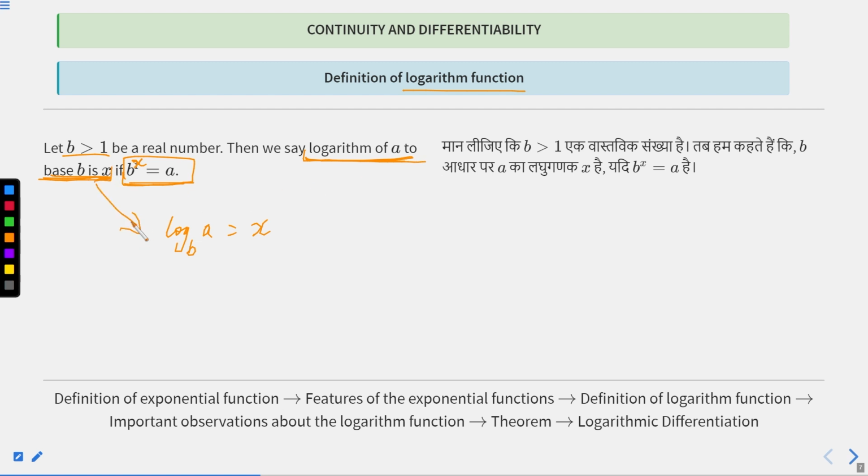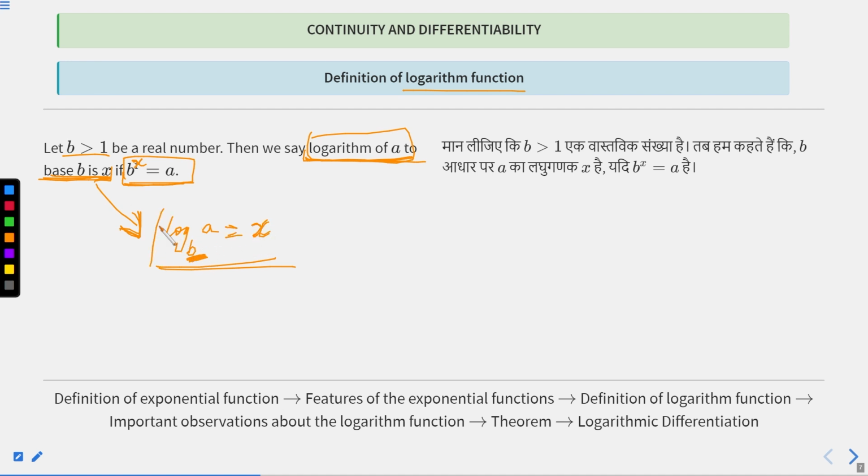These English words are trying to say mathematically this: log of a with base b, where in log we write the base in the subscript, is equal to x.